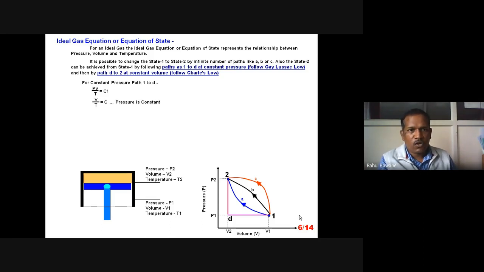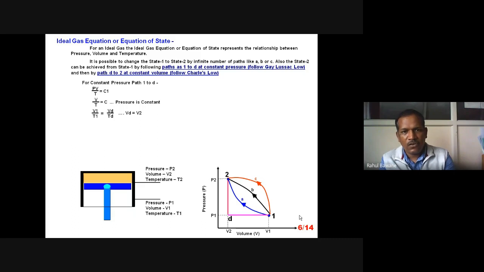Now, as the pressure is constant, if I shift the pressure, C1 upon P becomes another constant, capital C. So for the constant pressure process, we get the mathematical expression V/T is a constant. Now we are talking about state 1 to D, the horizontal process 1 to D. So we can write V1/T1 is equal to Vd/Td.